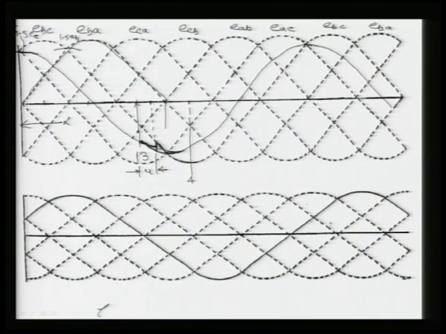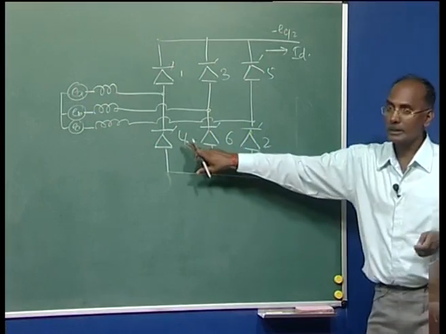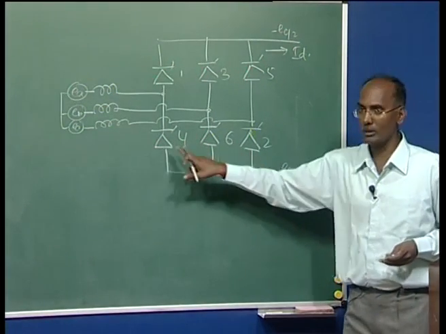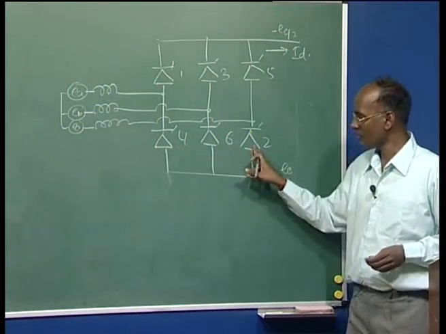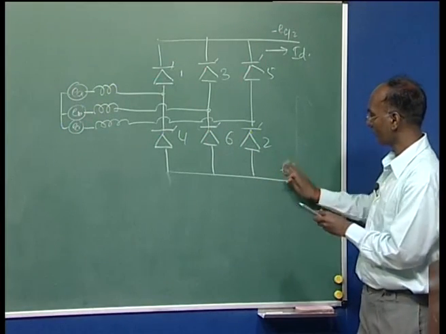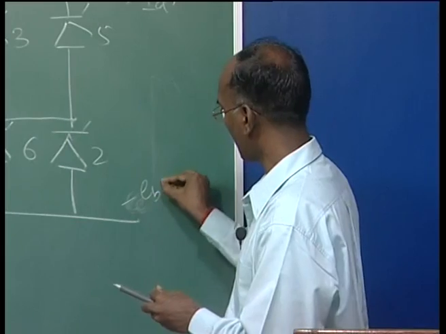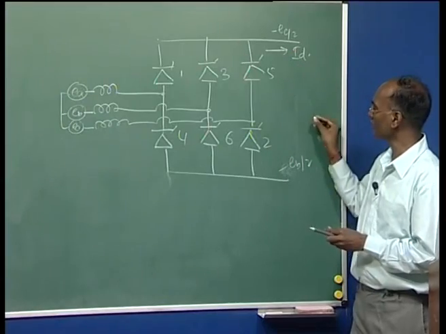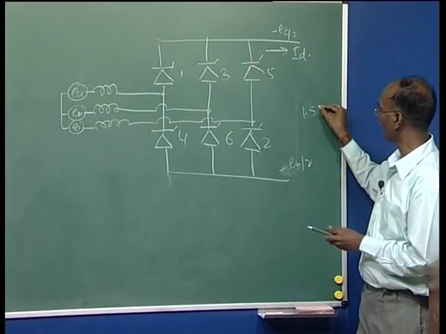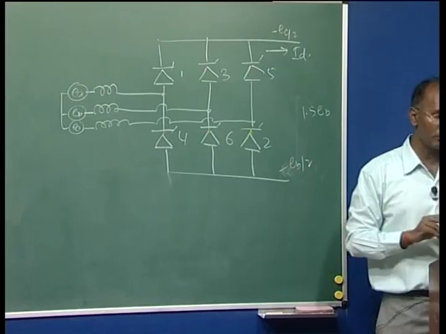Okay. Now, once we are giving valve 4, what will happen? So, 4 is getting pulse. So, A and C means we are getting here minus E b by 2, and the 3 was conducting. So, we are getting 1.5 E b. So, we have to see where is this.